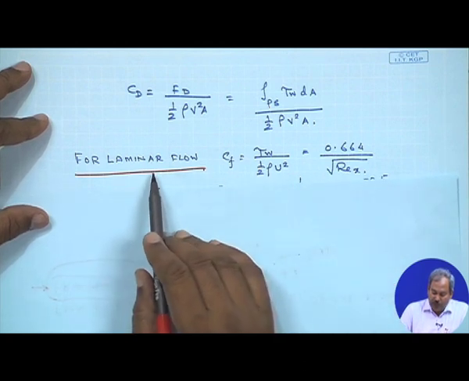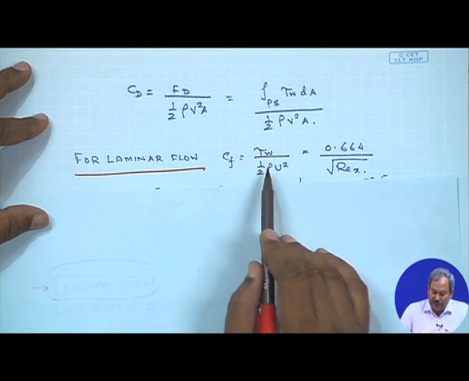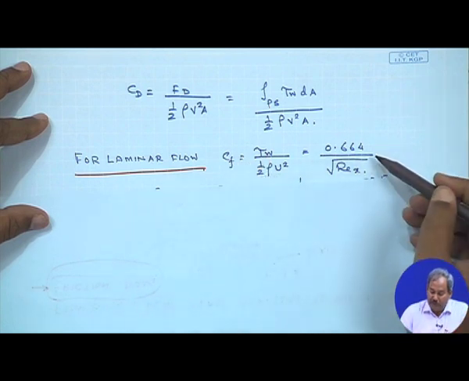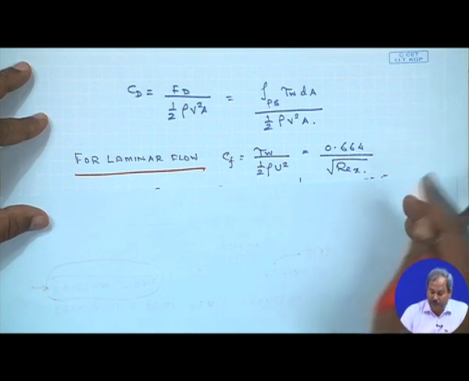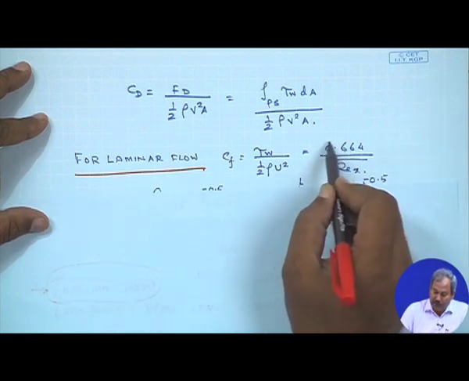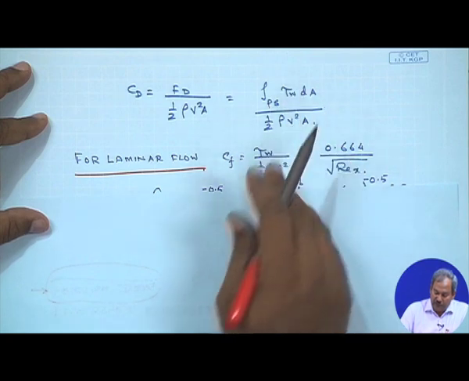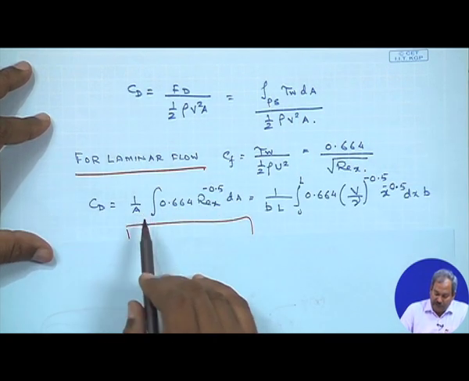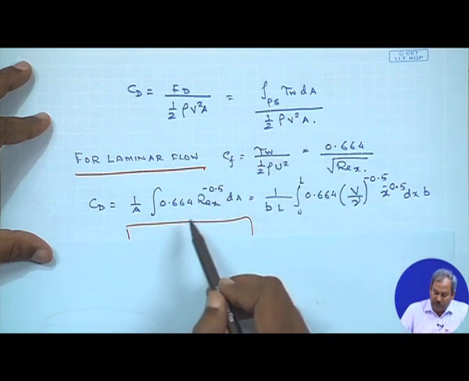We are already aware that for laminar flow, the expression for Cf, which is tau w by half rho u square, is 0.664 by root over Rex. This we have defined, this we have derived before. So therefore, if you plug in the expression for tau w in here, what you get is CD equals 1 by A. The rho v square part would cancel out.